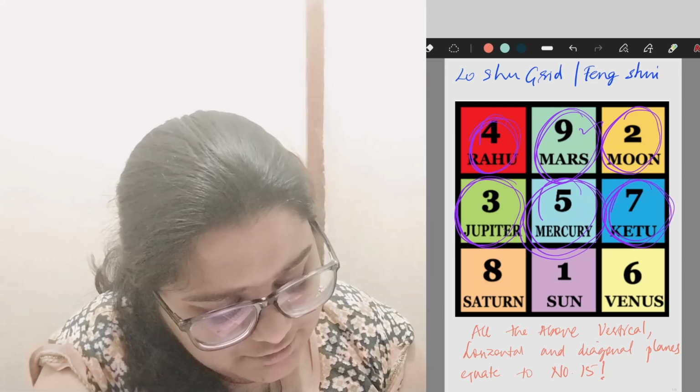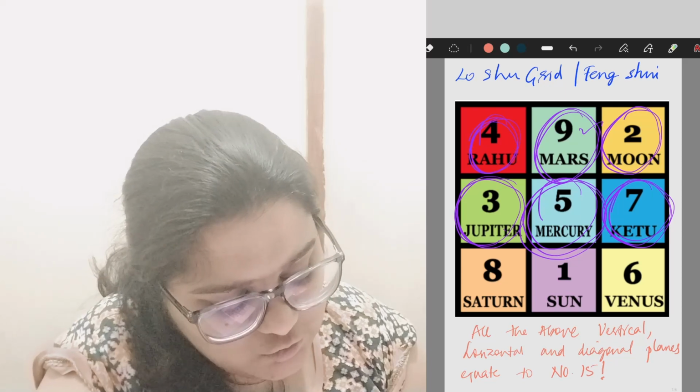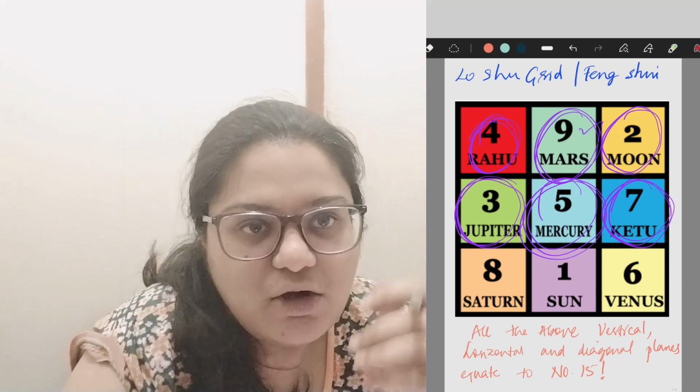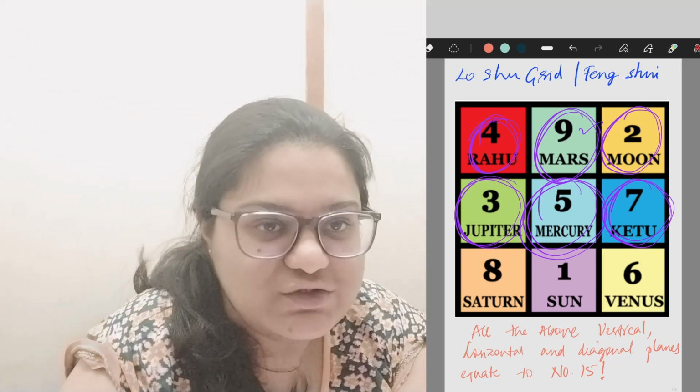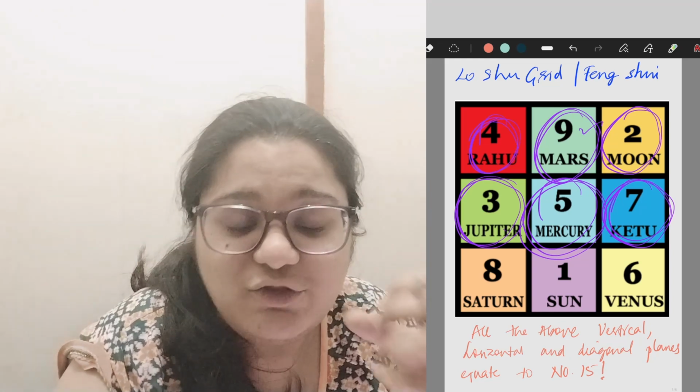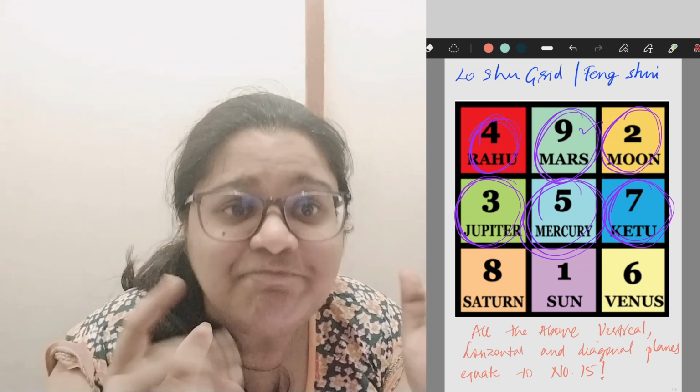Then let us talk about the number 7 as per the Loshu grid. If you take into consideration the attributes associated with number 7 as per numerology, it basically deals with detachment. Ketu is the planet that is associated with it, and Ketu basically talks about detachment. It talks about spirituality, it talks about intuition, it talks about the things that you want to let go.